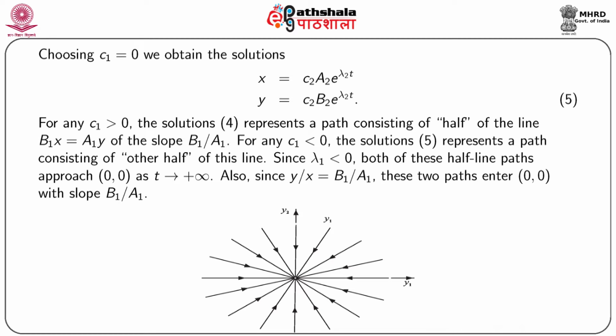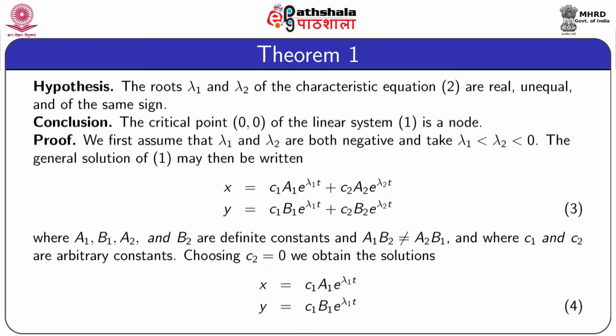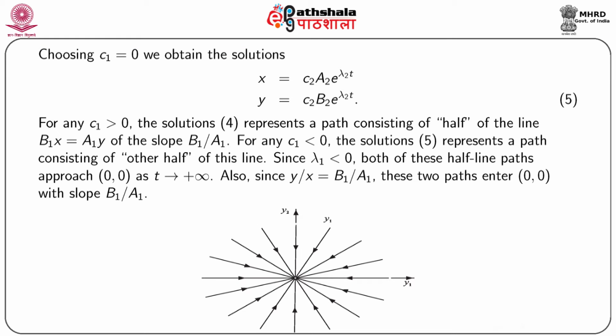The meaning of this is, if we divide, c1 and c1 will cancel, and e to the power lambda 1 t and e to the power lambda 1 t will cancel, and you will get y by x equal to b1 by a1. This is exactly shown here, that is, for any c1 positive, the solution 4 represents a path consisting of half of the line b1 x equal to a1 y with slope b1 by a1.